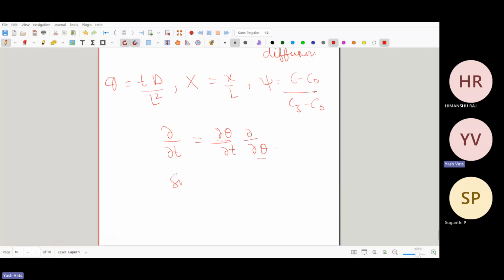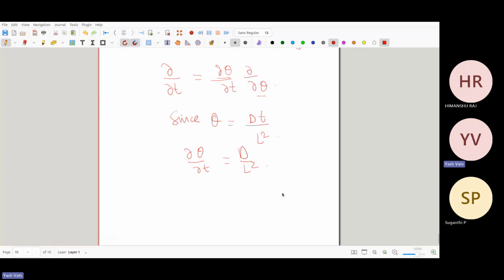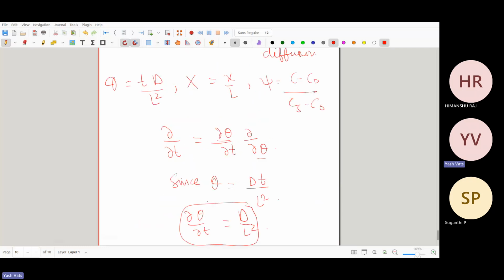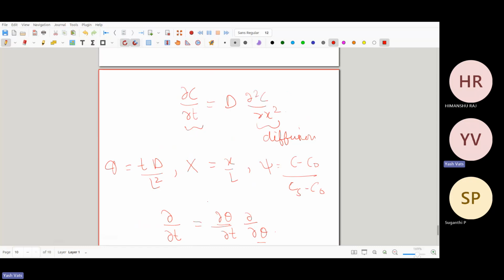And since theta is just D t divided by L squared, so del theta over del t is just D divided by L squared. That is just the classical differentiation of theta. And thus del c over del t is, what is del c over del t? Is cs minus c. So we just substitute.